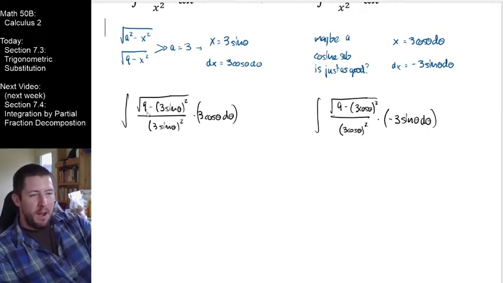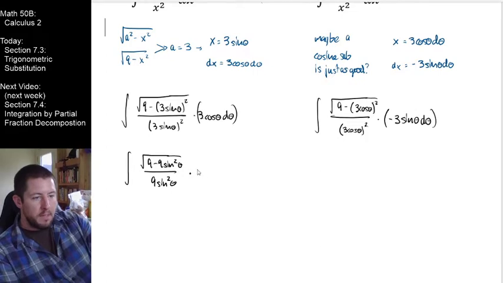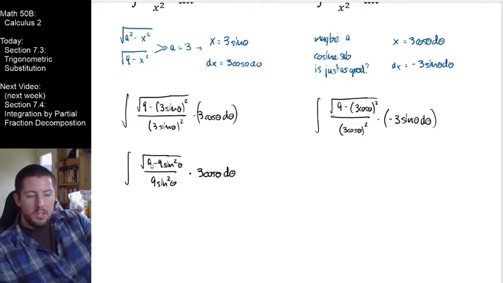So let's just clean up our square root terms instead. I'm seeing here we're going to get the square root of 9 minus 9 sine squared of theta over 9 sine squared of theta times 3 cosine theta d theta. You should notice that there is a matching factor of 9 underneath the radical, which I can factor out as the square root of 9, which is 3.